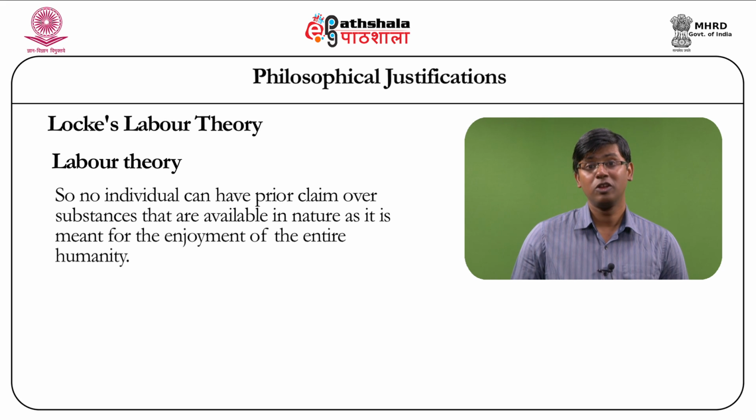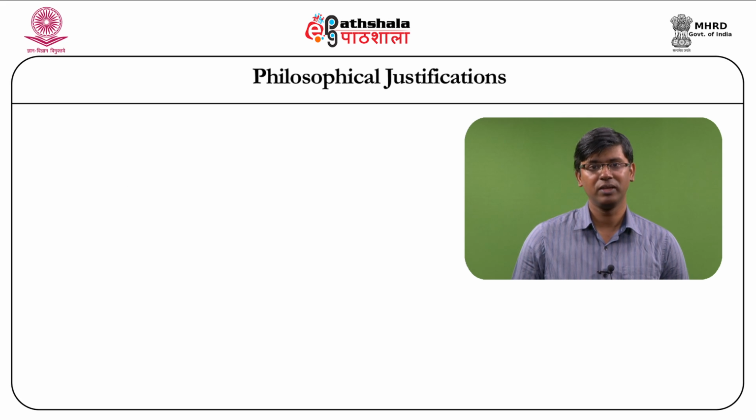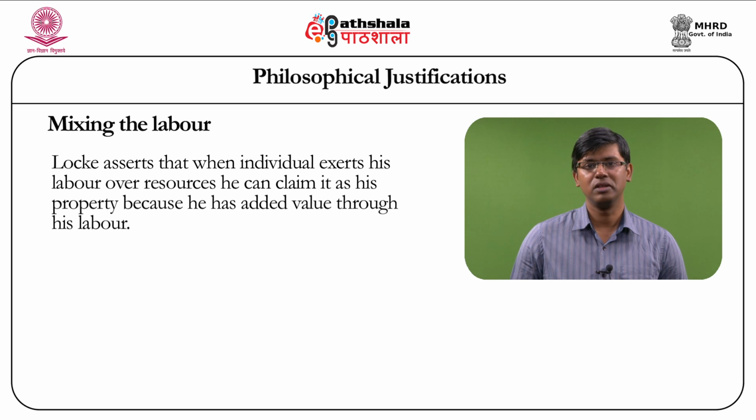So he says no individual can have prior claim over substances that are available in nature as it is meant for the enjoyment of the entire humanity, right? Now, but Locke puts in a certain rider here. That rider basically is, Locke asserts that when an individual exerts his labor over resources, he can basically claim it as his property because he has added value through his labor.